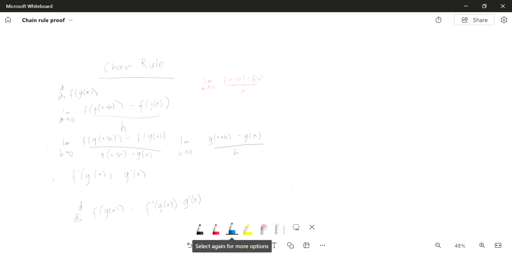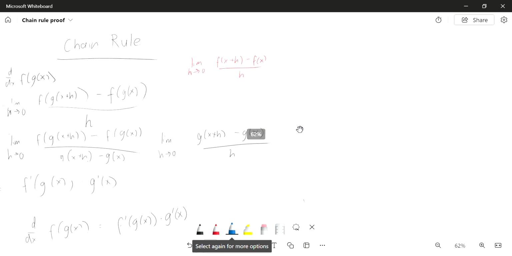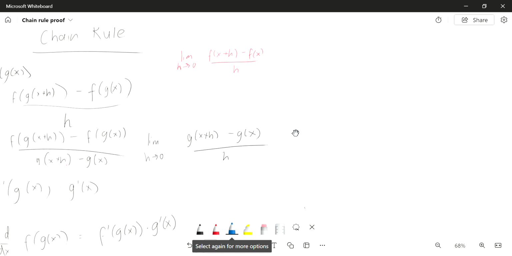So both the numerator and denominator are multiplied by the same expression so that it's still equivalent. And the g of x plus h minus g of x on the numerator gets divided by h, so that this looks like a standard limit definition, something like what's over here. And so that will just become g prime of x.